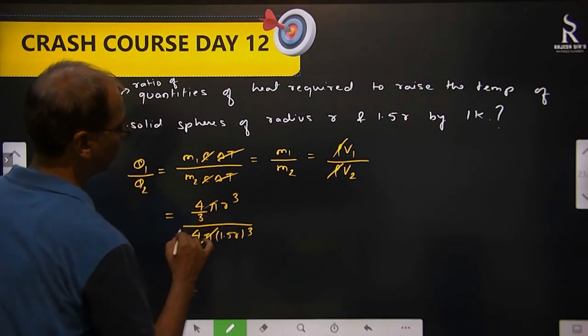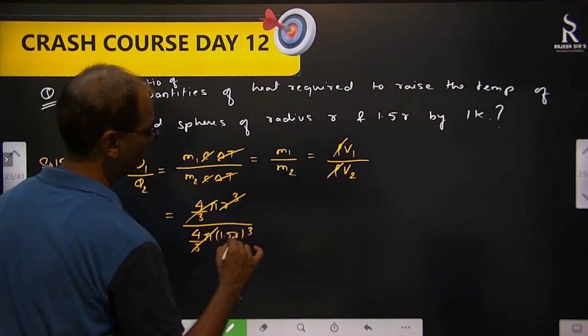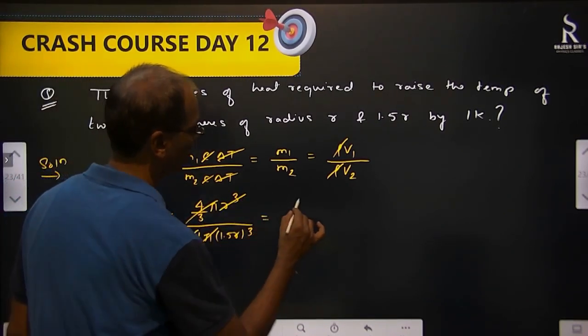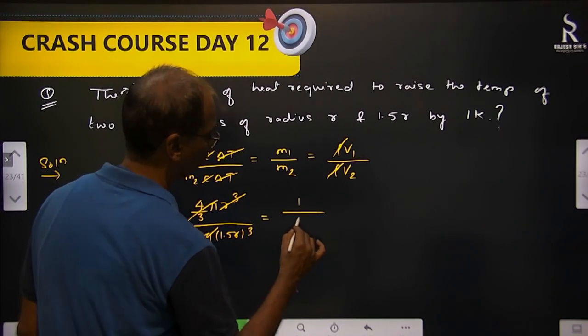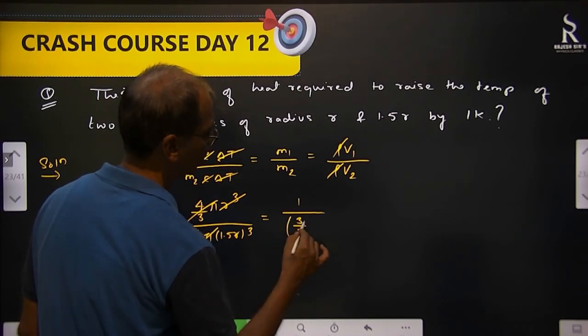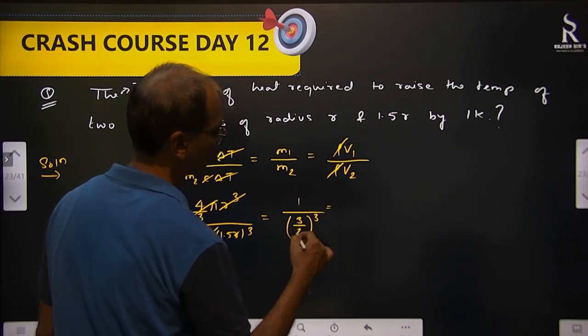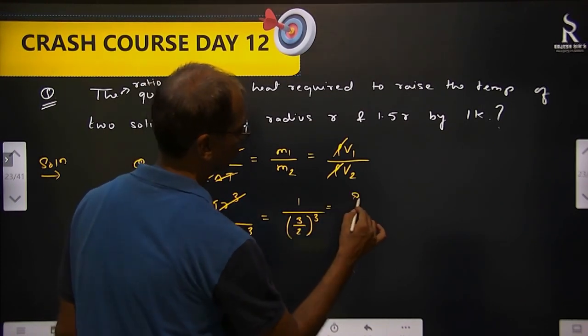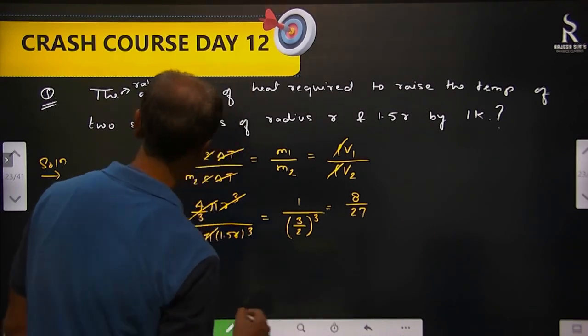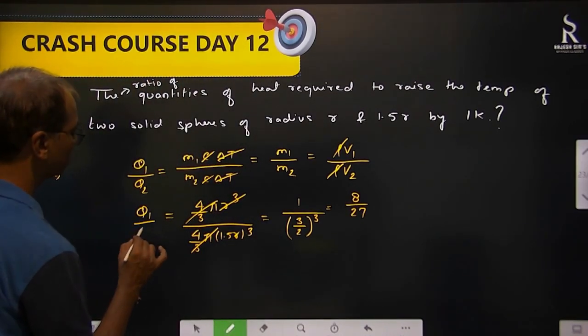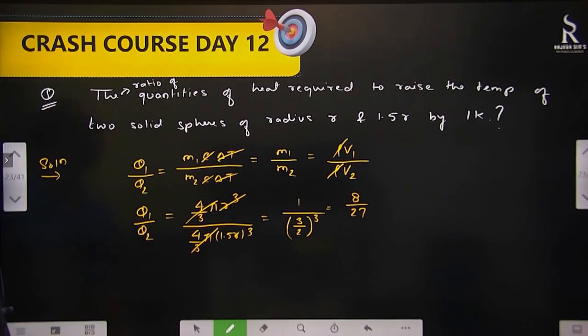So, 4 by 3 pi cancelled, r cube and r cube cancelled. So, this is 1 by 1.5, I am writing 3 by 2, 3 by 2 cube. So, it becomes what? 3 cube is 27, 2 cube is 8. So, it will become 8 by 27. So, Q1 by Q2 ratio will become 8 by 27.